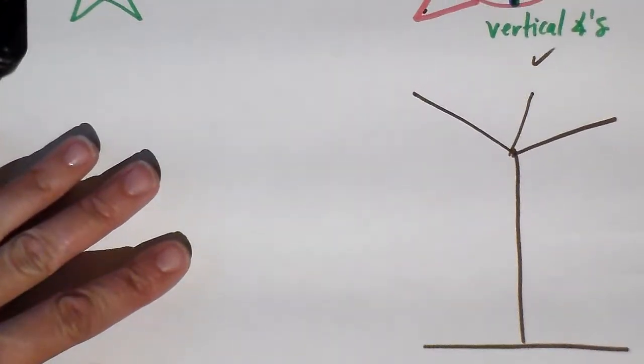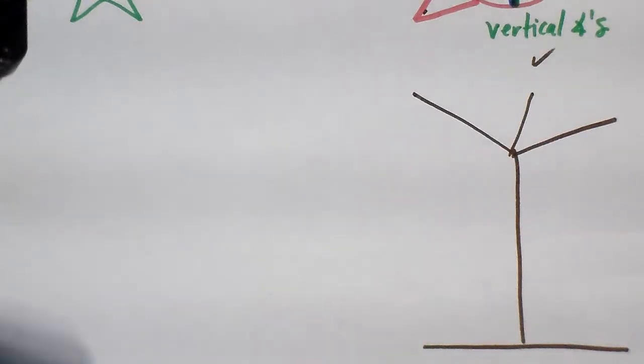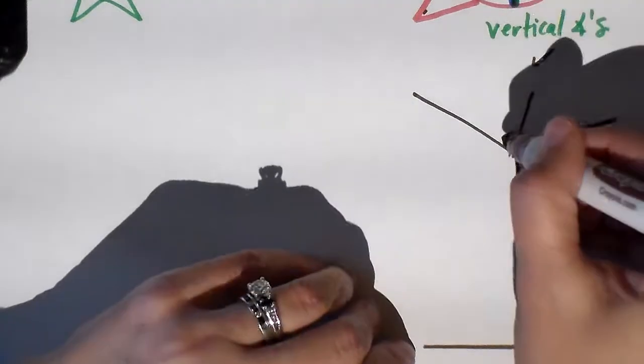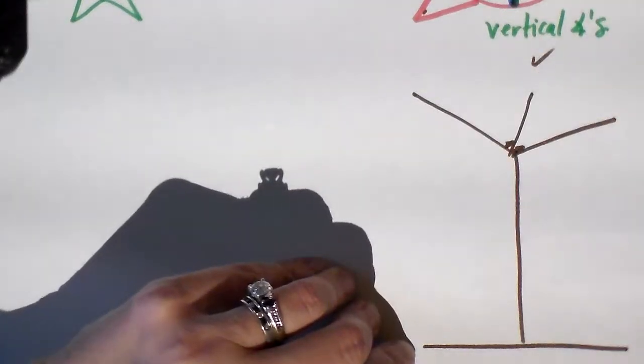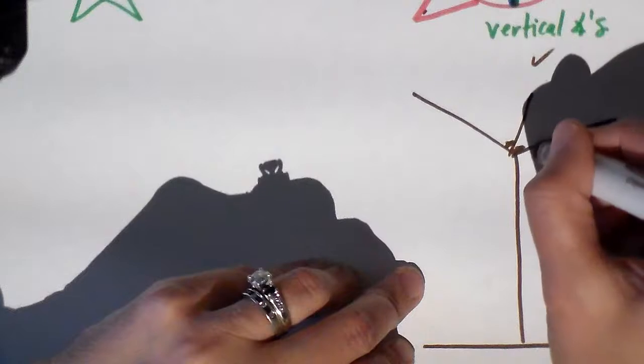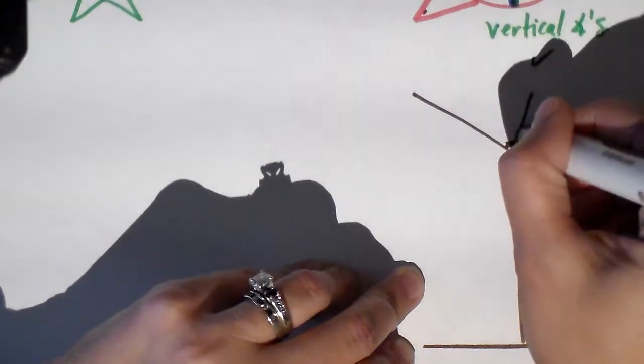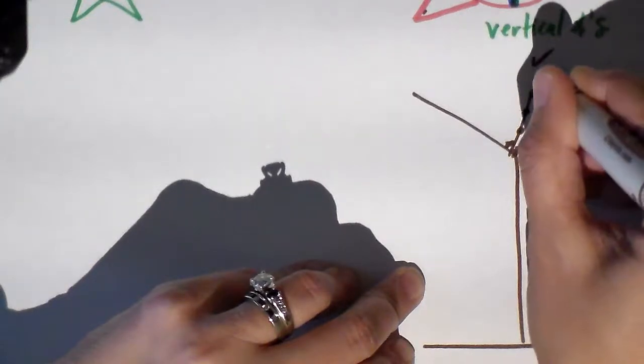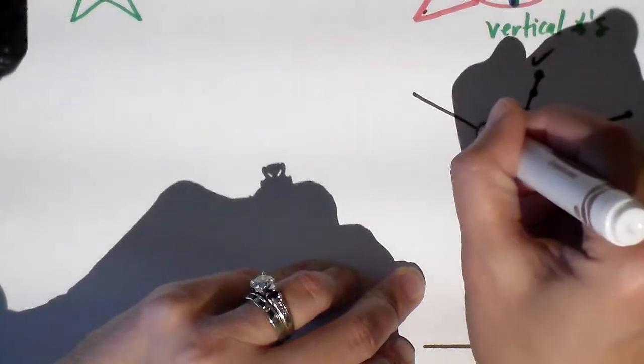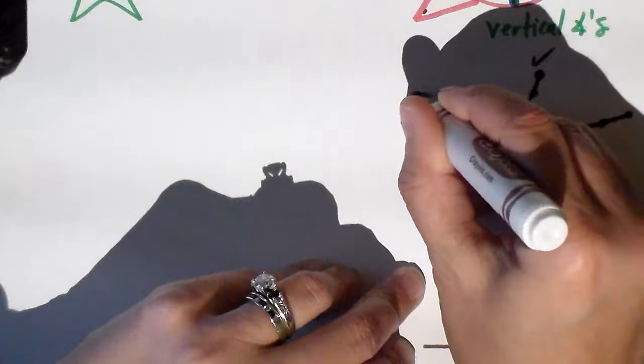This is my tree. So let's say I need to have a pair of, I don't think we have them on there, but I'm going to give you some extra points. Let's say I want to do a pair of adjacent angles. Okay? These 2 angles right here are adjacent, right? So I could do 1, 2, 3, 4, 5. 1, 2, 3. And I'll just go to 4 there. 1, 2, 3, 5.